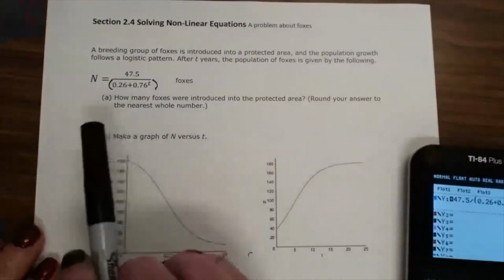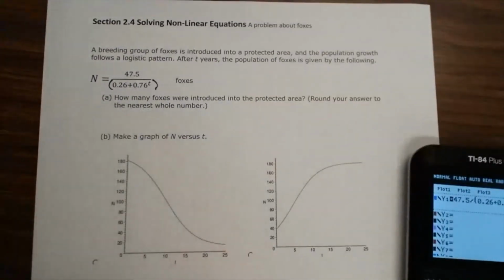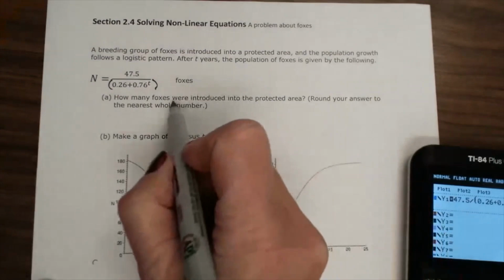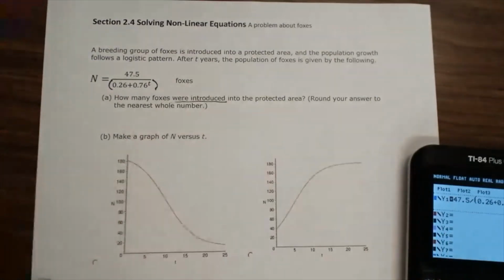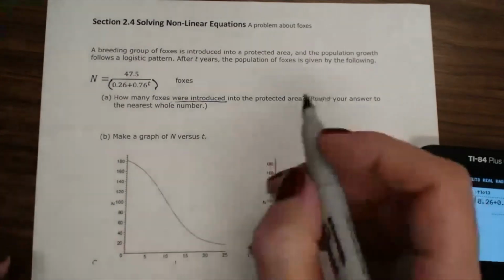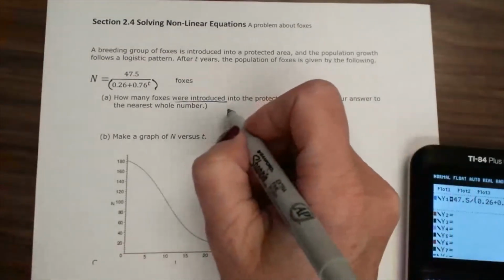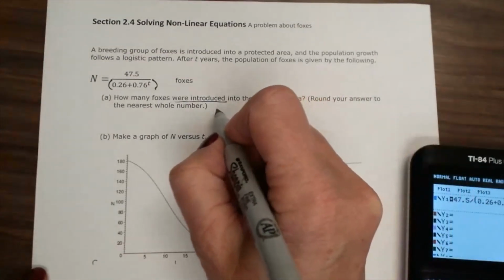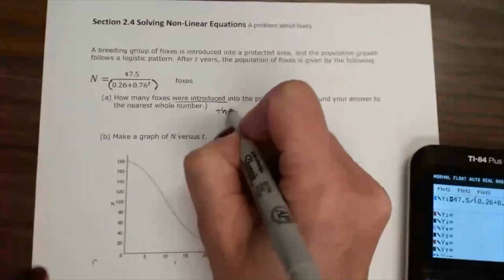Now, to answer the first question, we have to understand what they ask us to find. Were introduced, it means they ask you how many foxes were in the beginning in the park. Or in college algebra language, we need to find the initial value.